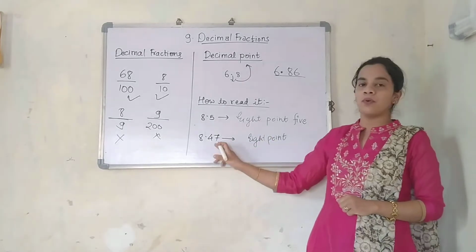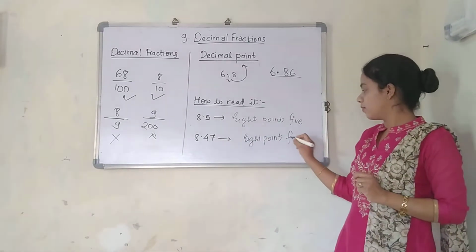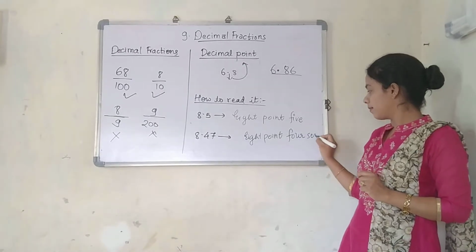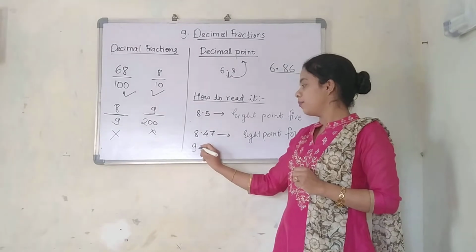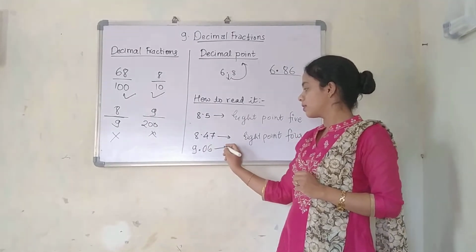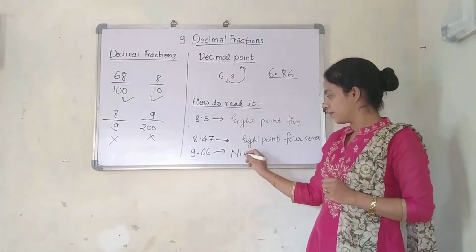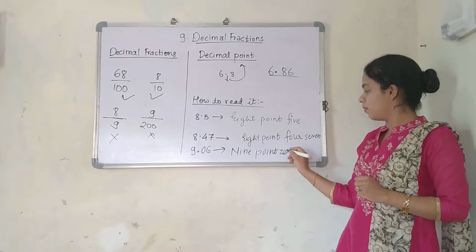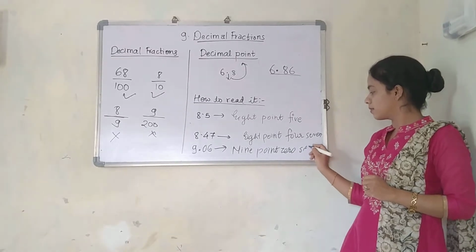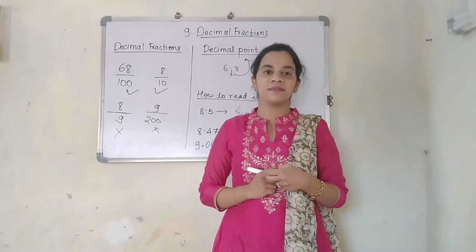You are not going to say forty-seven, you are going to say four seven. If I give you another number, 9.06, how we are going to read this? It's 9.06. Okay? So we will see the next part of this.